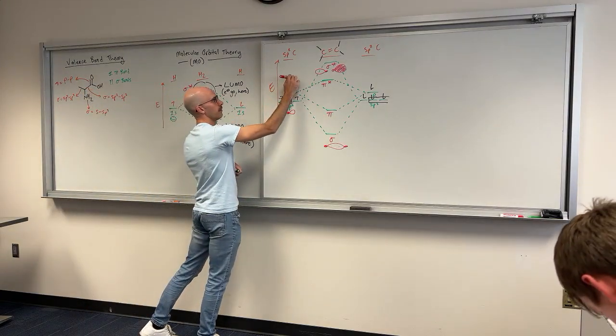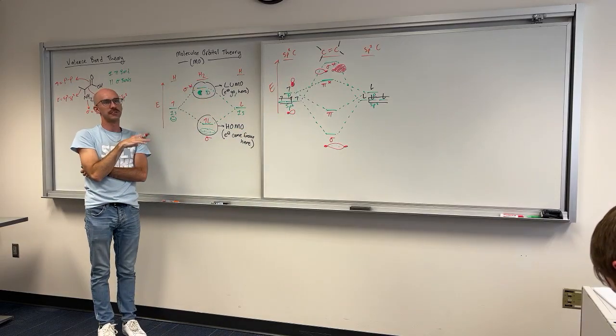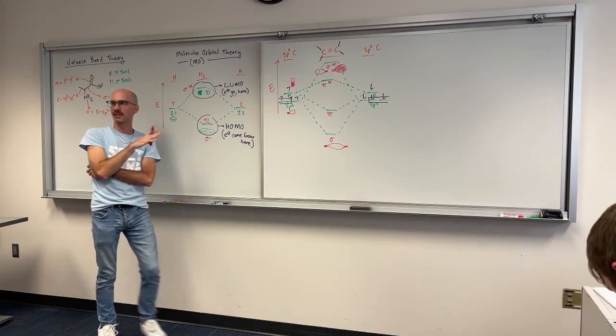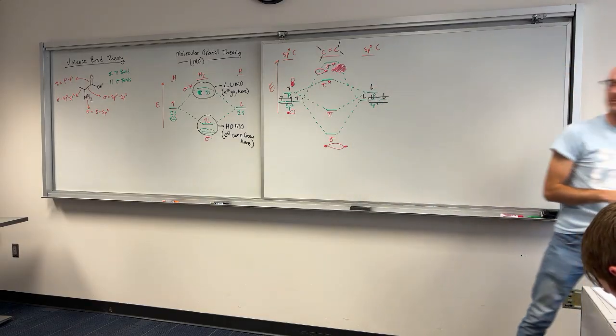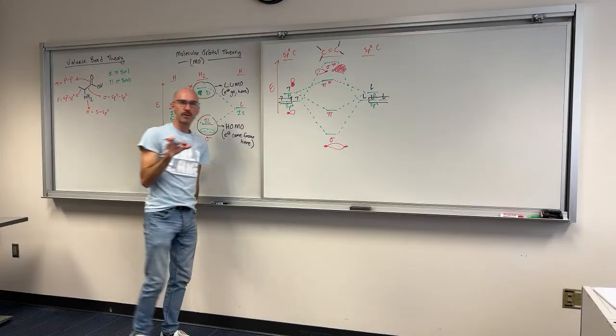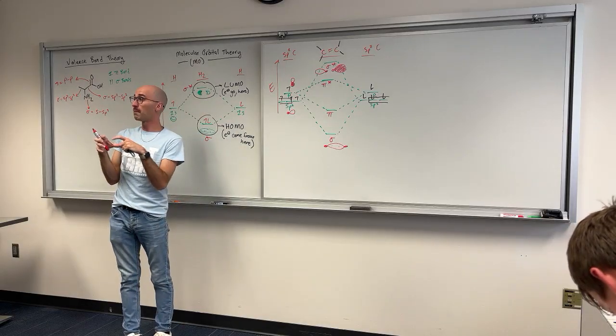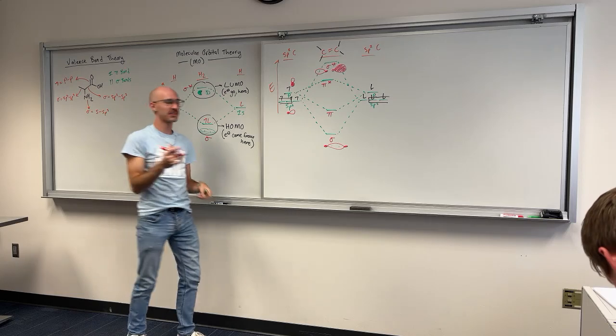A p orbital looks like this. So when I have two p orbitals that come together, I will be honest, showing the new molecular pi orbital looks a little goofy and is a little hard to draw.